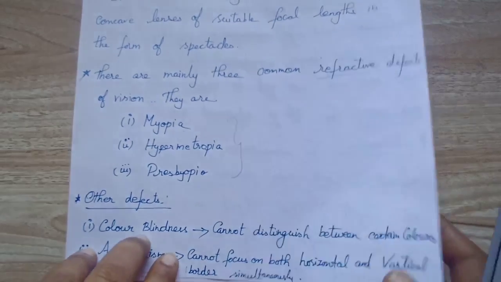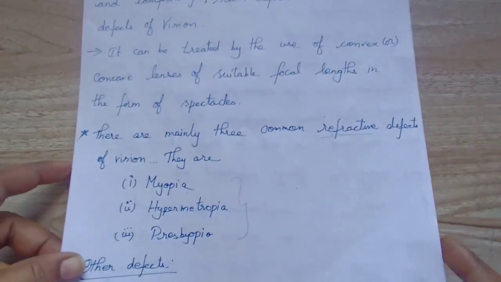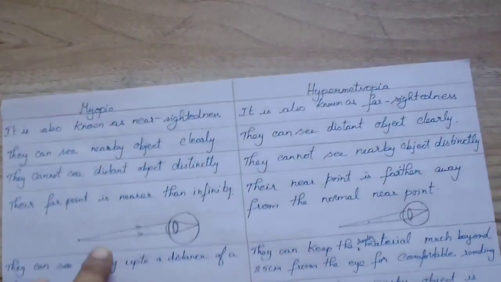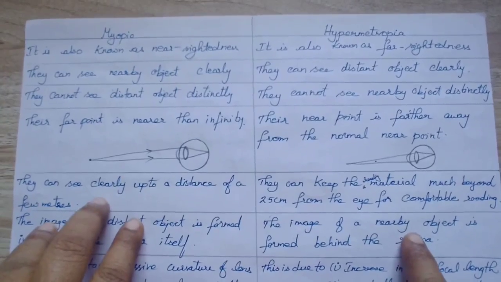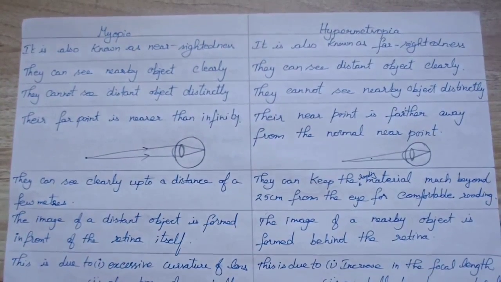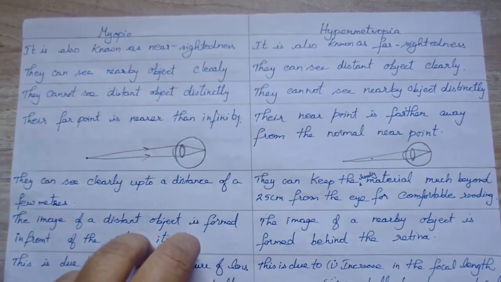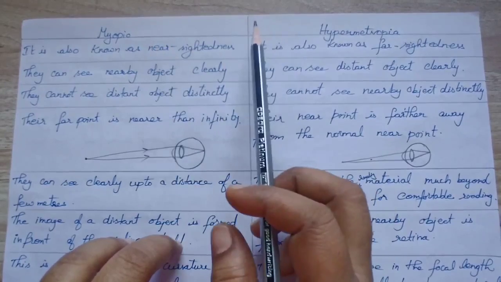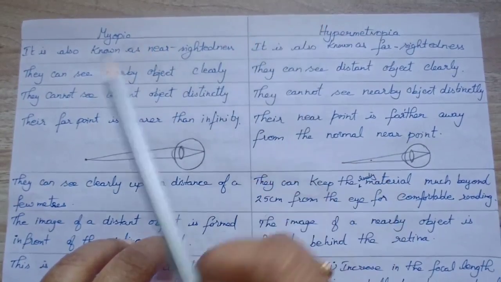We'll see in detail myopia and hypermetropia. If we compare and study them directly, it will be easy to understand. The first two common refractive defects are myopia and hypermetropia.